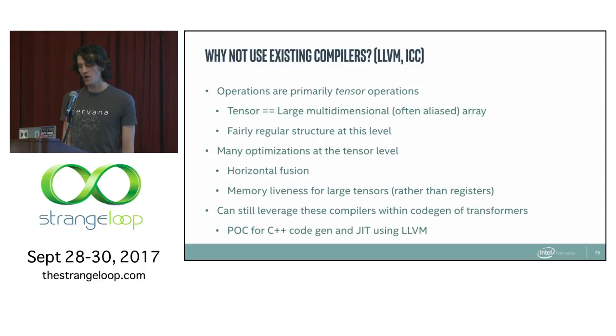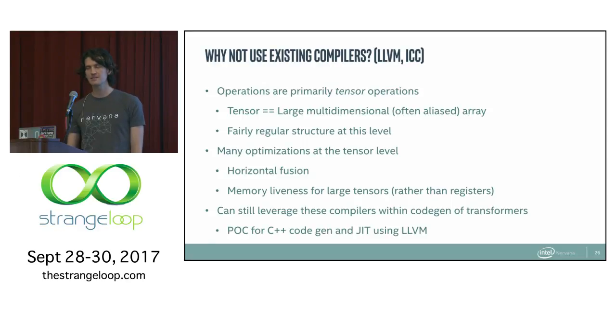So you might be asking, why don't we use some existing compilers such as LLVM or ICC? I would say that deep learning is inherently different than normal numerical computing in that our operations are primarily based on tensors. These other tools don't really offer the right set of abstractions that we want. Tensors are just another word for large multidimensional arrays, and deep learning tensors are fairly regular at this level.